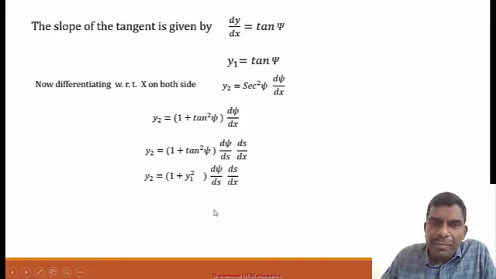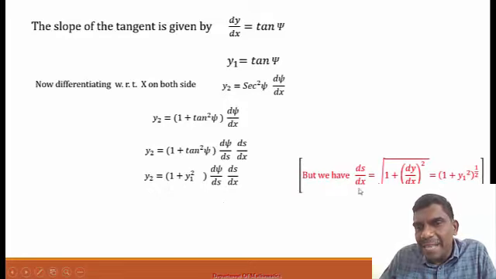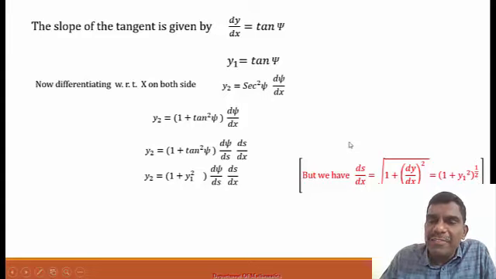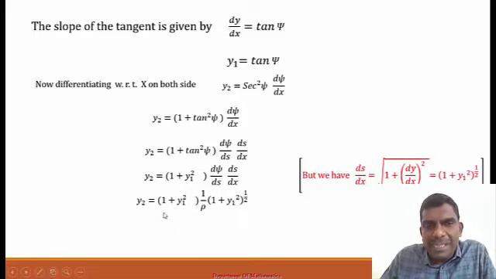But ds by dx can be written as the square root of 1 plus (dy by dx) the whole square, which is also equal to (1 plus y1 square) whole to the power of half, from the derivative of arc length in the Cartesian form. By substituting these values in this equation, we can simplify it to y2 is equal to (1 plus y1 square) into d psi by ds into ds by dx. d psi by ds is the rate of change of tangent angle with respect to change in length, which is nothing but kappa, and kappa is 1 divided by rho.